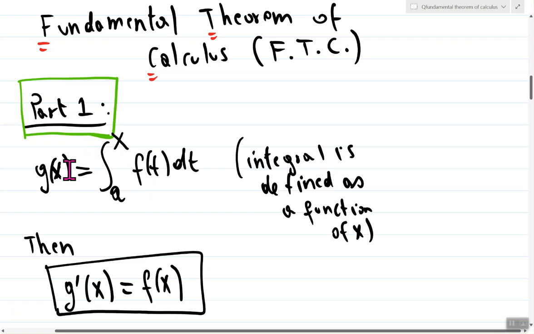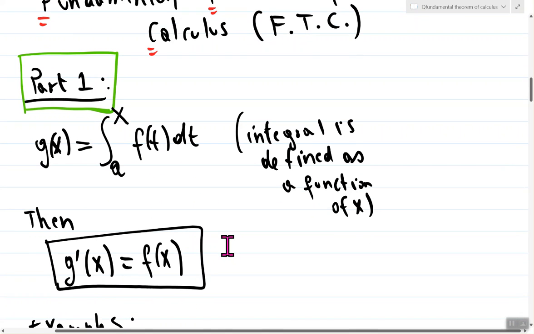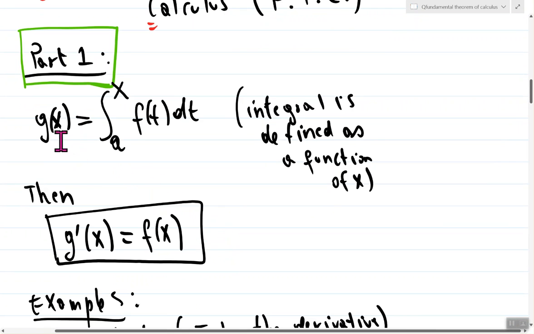Because it's a function of x, we can take its derivative. So the fundamental theorem of calculus, part 1, says if you take the derivative of g of x, what you're going to do is basically copy the integrand, which is f of t, and evaluate the integrand at x. So that's how you get f of x.